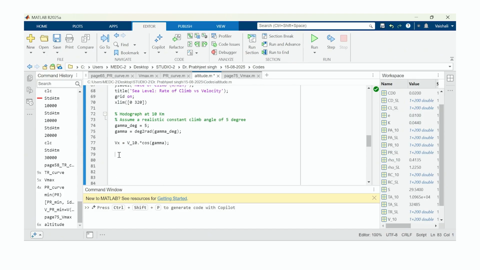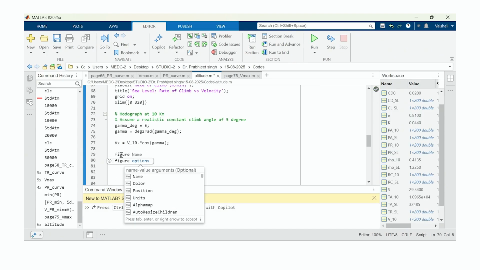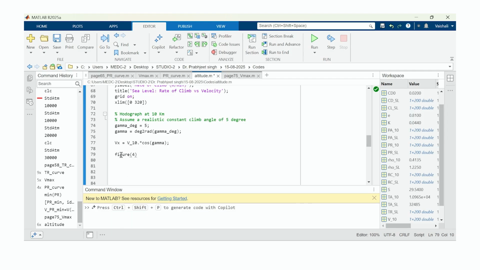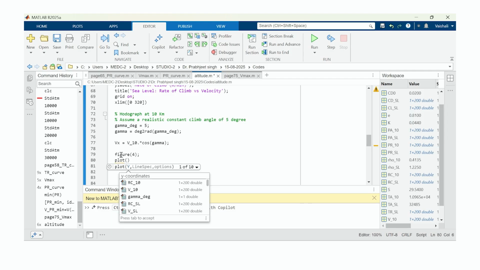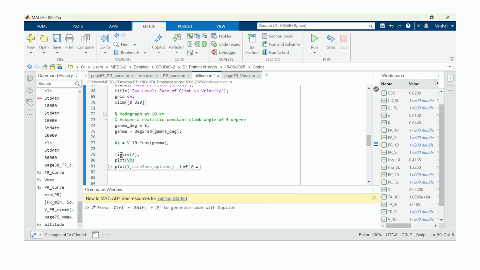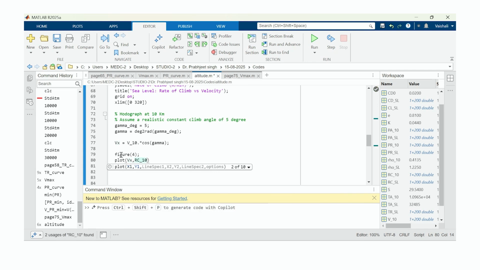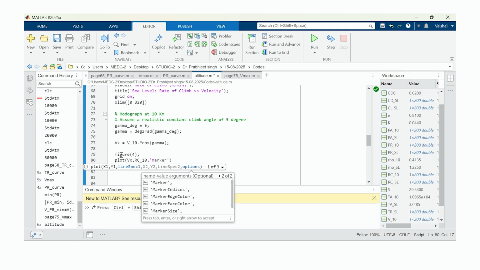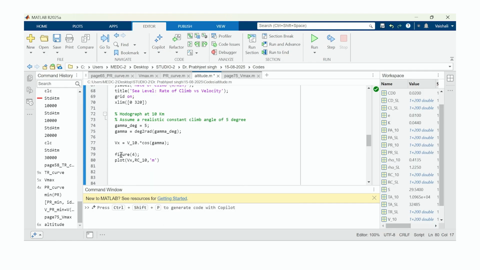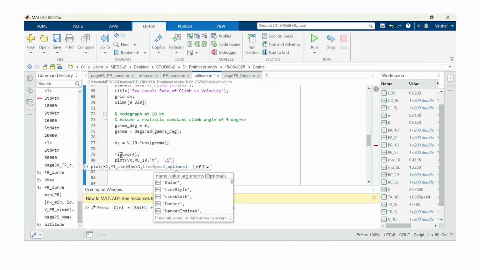Now let us plot figure 4. So plot Vx, comma, rate of climb underscore 10, comma, here let me denote it by m, with the line width again the same, line width of 1.5.